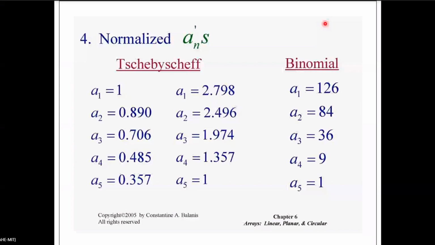Find the excitation coefficients, array factor, and angles of nulls for d equal to 3 lambda by 4. Have you noted down?